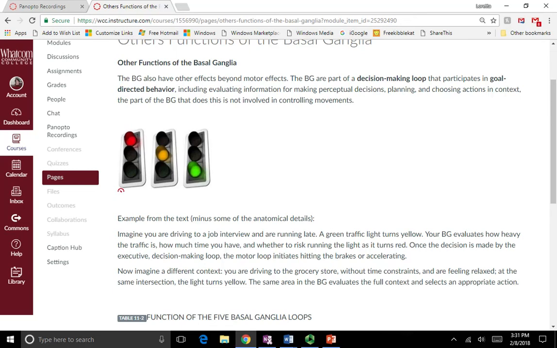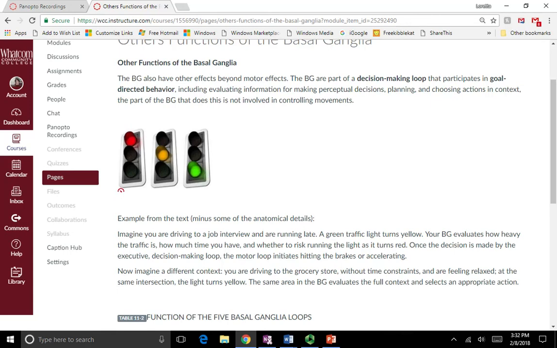Your basal ganglia have to evaluate how heavy the traffic is, how much time you have, whether or not to risk running the light as it turns red. And once the decision is made by the executive decision-making loop, then the motor loop initiates either hitting the brakes or hitting the gas. So there's a lot that goes into that. So in that context, you might hit the gas because you don't want to be late for that job interview. And you've assessed all the other factors.